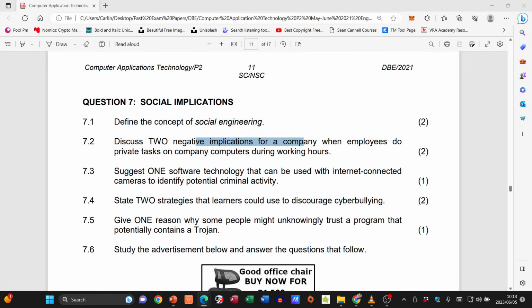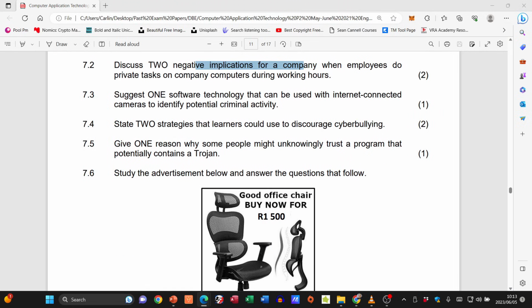Okay, let's continue. Suggest 1 software technology that can be used with internet connected cameras to identify potential criminal activity. Well, the one that is running through the world at the moment, which is AI, artificial intelligence. We can use that to enhance the quality of images.